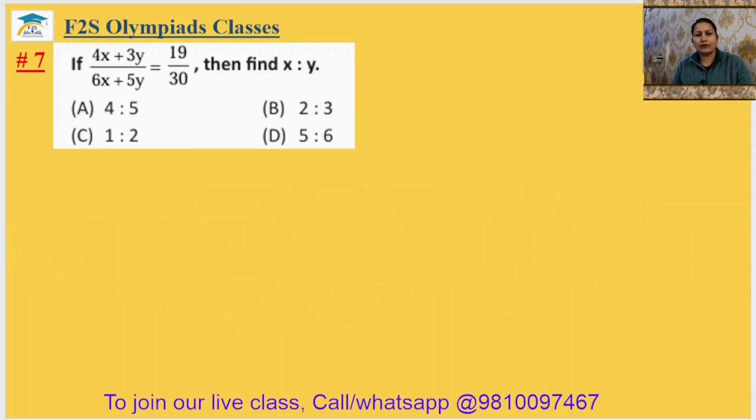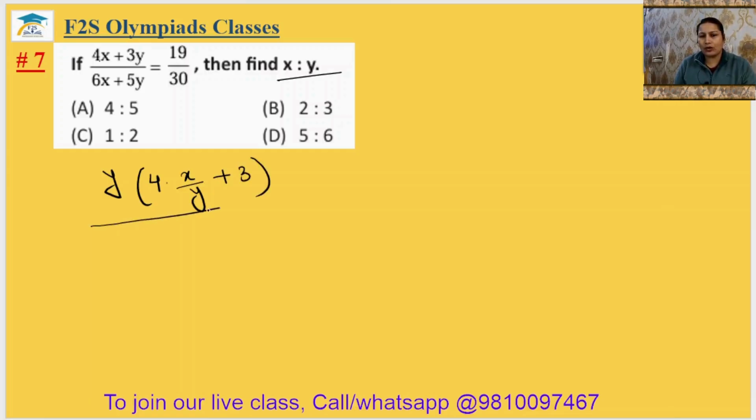Question number 7. 4x plus 3y upon 6x plus 5y equals this. Then find x is to y. We need to find x is to y. So we can write this expression by taking y common. It will be 4 into x by y plus 3 upon 6 into x by y plus 5 equal to 19 by 30.